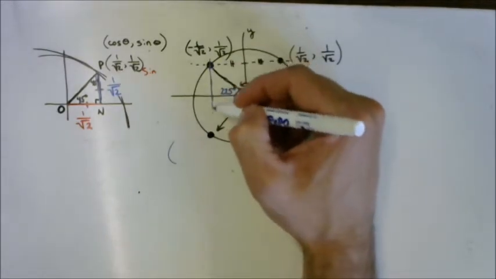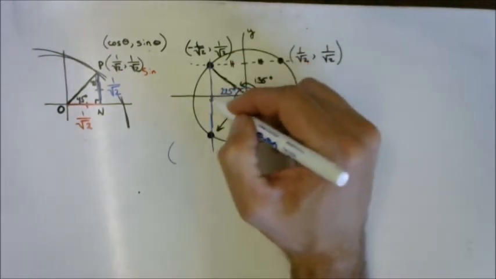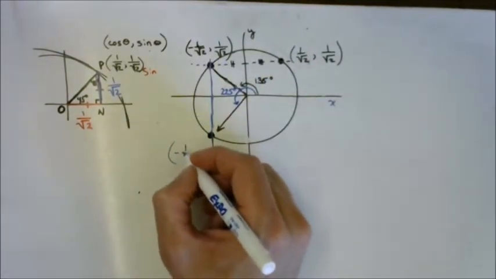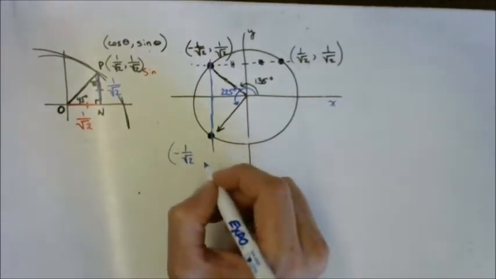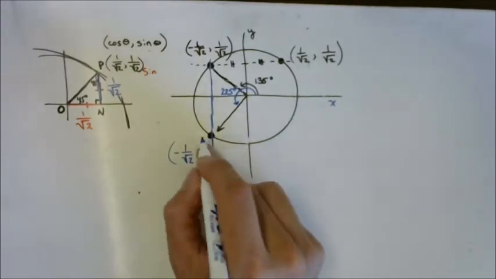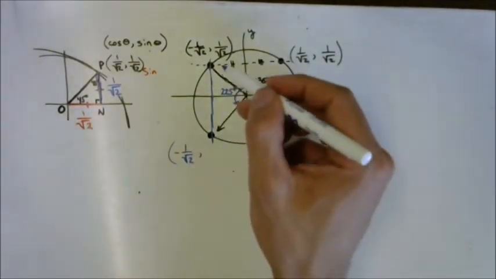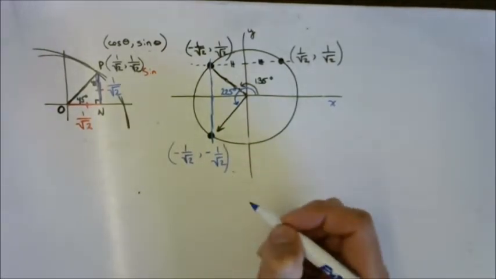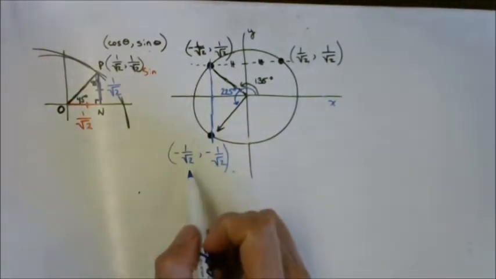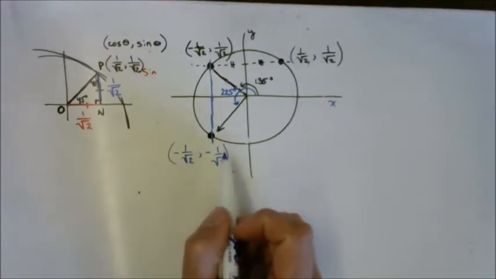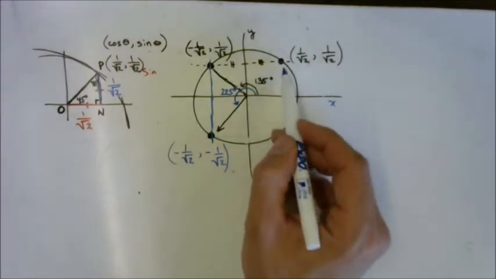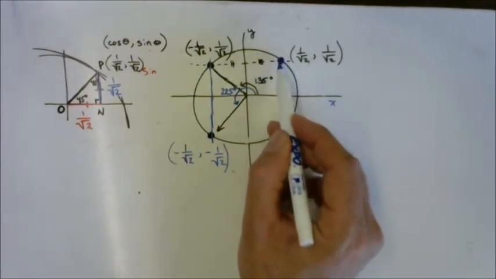But it's just as far to the left of the axis, so the x coordinate is the same as the one above it, negative 1 over radical 2, and the y coordinate is just flipped, negative 1 over radical 2. So now you know the cosine and the sine of 225 degrees. And you only needed to memorize the 45 degree one in order to get these other two.